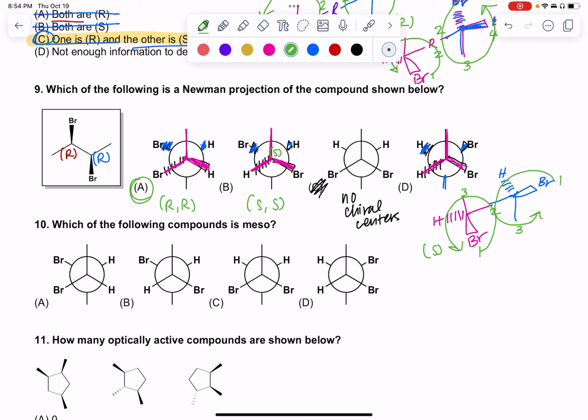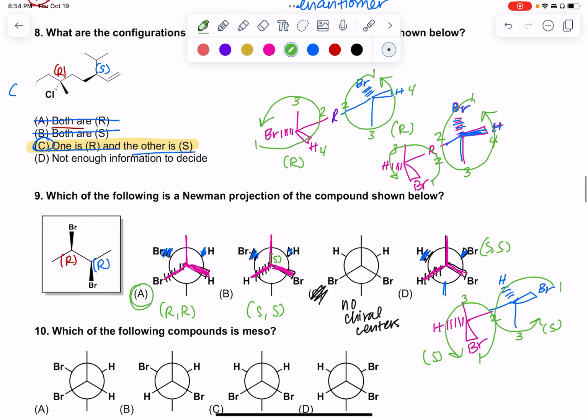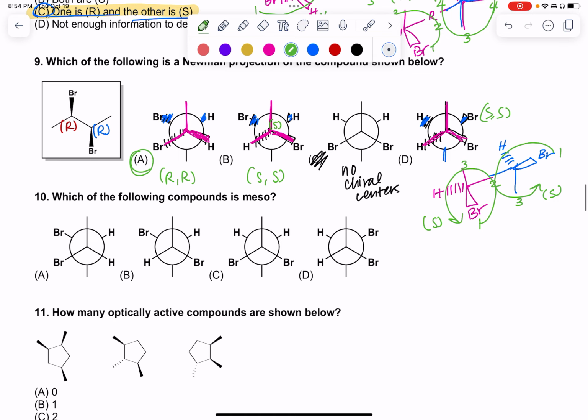Again, this one looks S and H is in the back, so this should also be S. I'm not on this question. I'm on this one, so this one is S, S. So A is the answer, and you checked that by your chiral centers. And you didn't have to do all that brain twisting trying to figure out how the molecule lays flat and all that junk. All right.